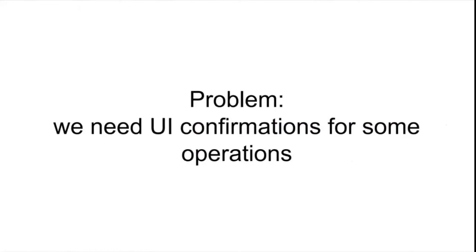So we need to have some UI confirmations for some of the operations, usually like send transaction or sign something. For these operations, we need to show some kind of pop-up in the UI and ask, okay, do you really want to send this much money to this person or don't you? So, okay, this is a problem.